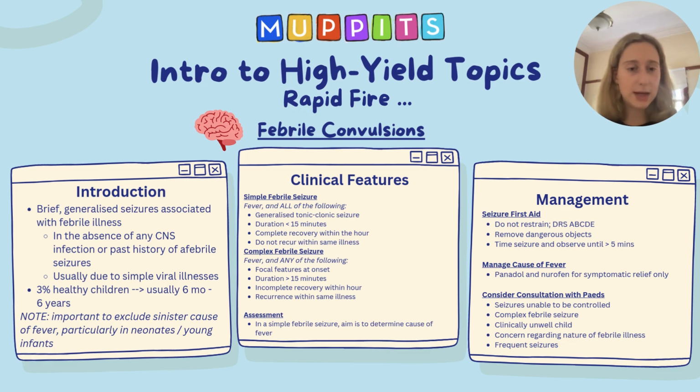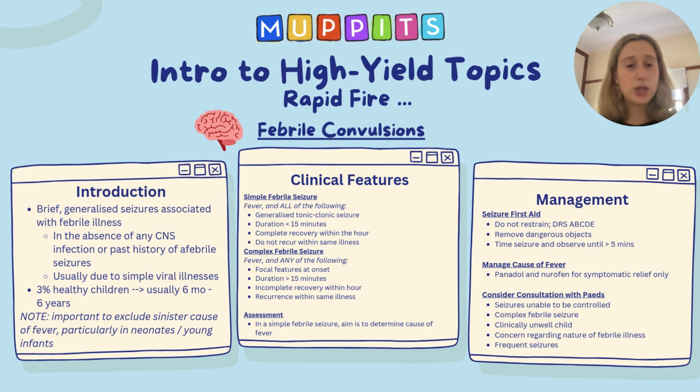So in terms of management, first of all, the principles of seizure first aid. So obviously your doctor's A, B, C, D, E, and not restraining the child as well. Removing dangerous objects, and also timing the seizure and observing until it's been more than 5 minutes too.